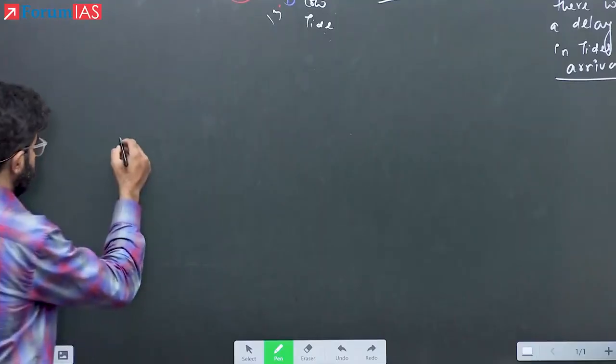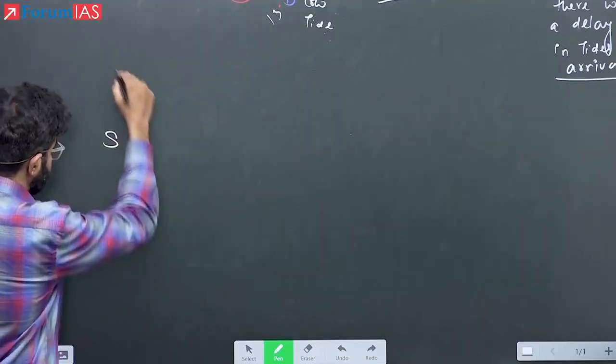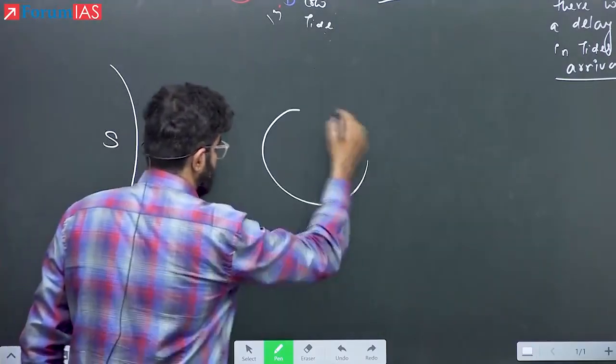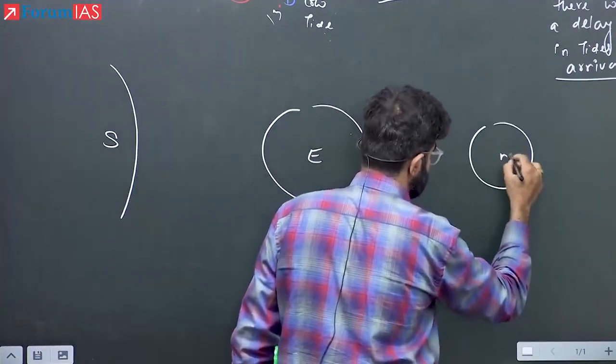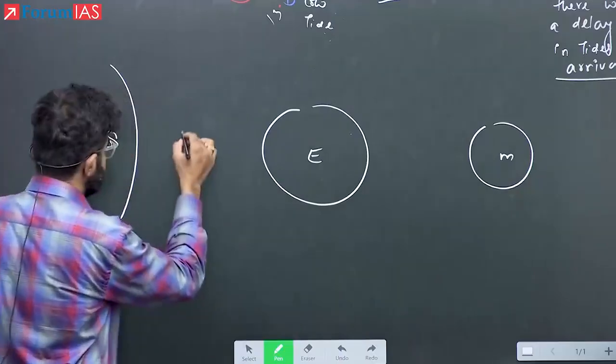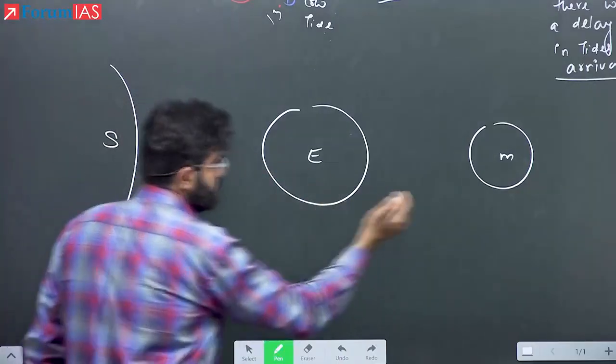Now see here, if I take this sun here, the earth is here, one position is moon here, the second position is moon here.